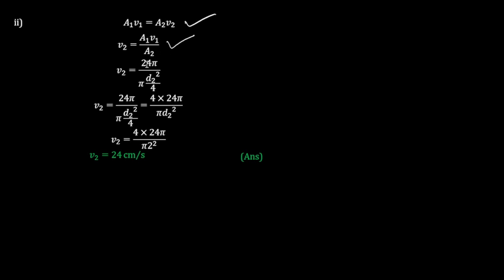A1 V1 is written as 24 pi, and the 4 goes into the numerator with pi d2 square. The diameter of the constriction is already given. It is 2 cm. That value is substituted here and we get velocity V2 as 24 centimeter per second. We must take care to see that all the quantities are in the CGS system. All the lengths in centimeter, all the times in second.